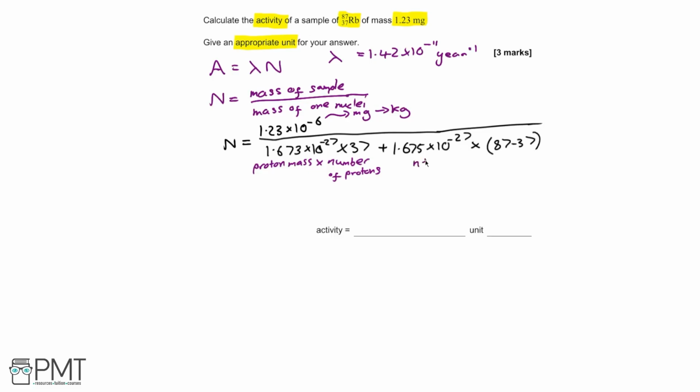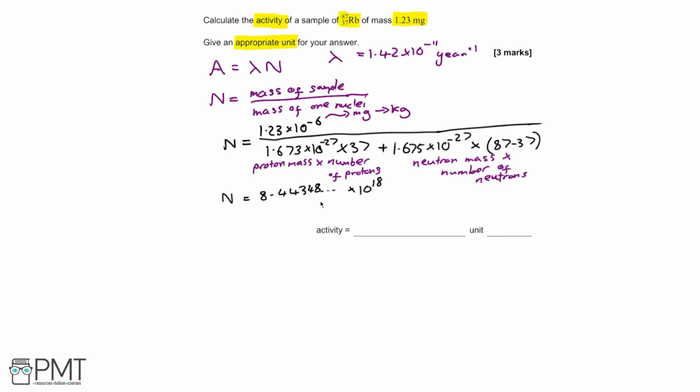So this is the neutron mass times the number of neutrons. Doing that calculation, we find that n is equal to 8.44348 times 10 to the 18. So that's the number of radioactive nuclei in the sample.